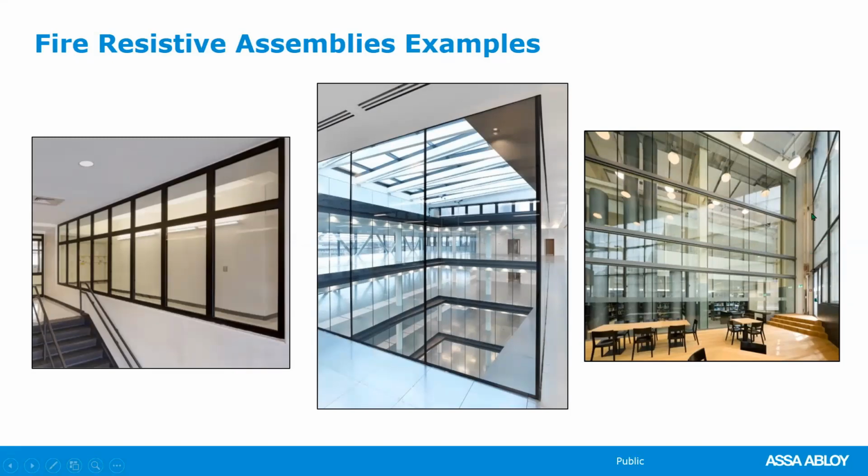If you'll notice on the far right of this picture, it looks like you have the exterior of the building. So in this case, again, you could be looking at a potential for LEED points because you would have the potential to bring natural light further into the building.